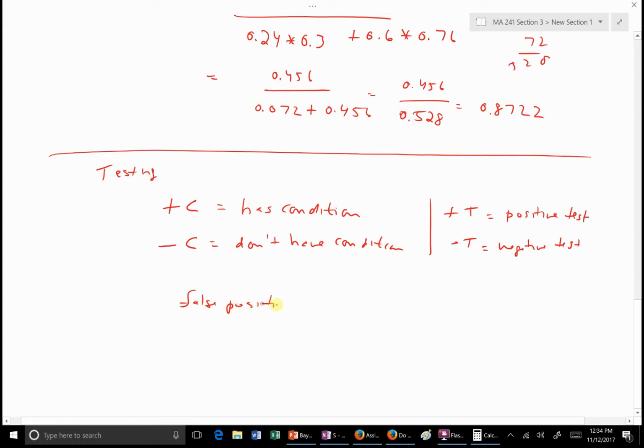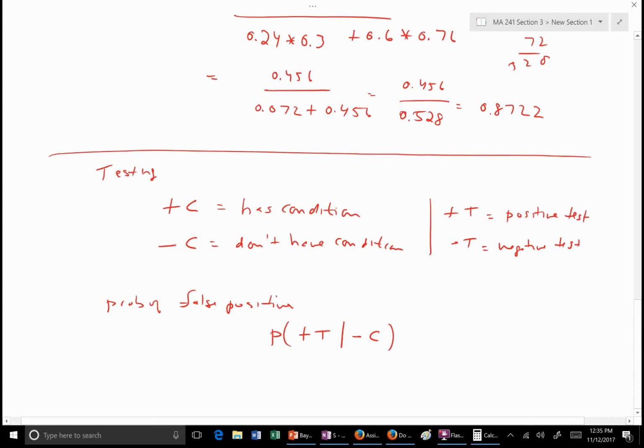A false positive is when you have a positive, but it's not true. So in other words, this is when you have a positive test given that the person doesn't have the condition, okay? So if I want to talk about the probability of a false positive, it's this conditional probability. It's a positive test, but it's false, meaning it's wrong, because we know the person doesn't have the condition.